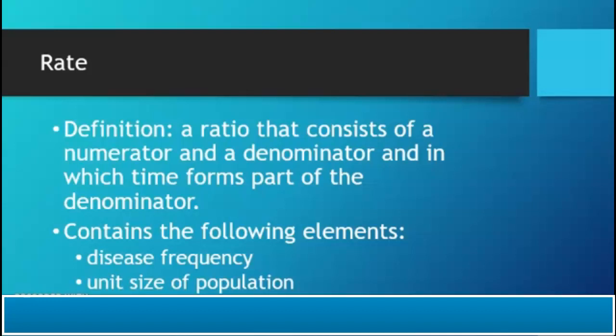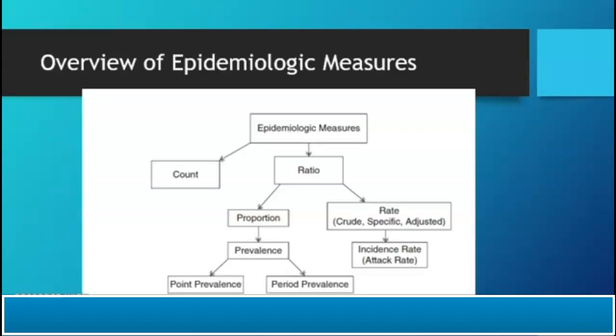For instance, disease frequency, unit size of population, and time period are three components of a rate. So this is the comparison between proportion and rate. I hope you are following me so far. Going back to this slide, we've gotten down to the proportion versus the rate: a rate involves time in the denominator.